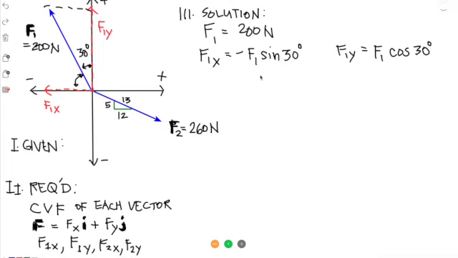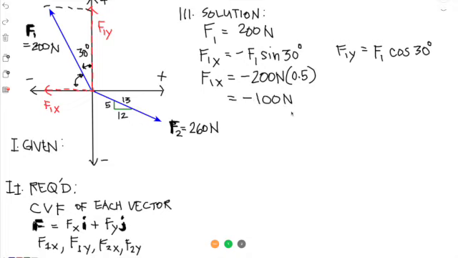Okay, so let's solve this equation. We have f1x is equal to negative 200 newtons times sine 30, which is 1/2 or 0.5. Our f1x would be negative 100 newtons.